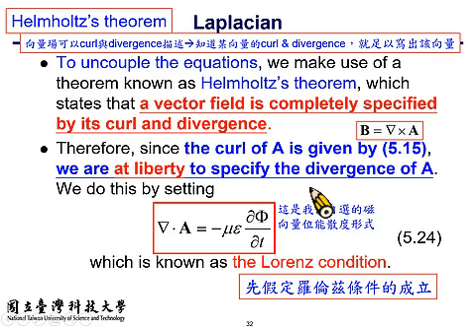From the beginning of this section of chapter 5, we say that B, the magnetic flux density, equals the curl of A, the curl of the magnetic vector potential A. Do you know what A is?